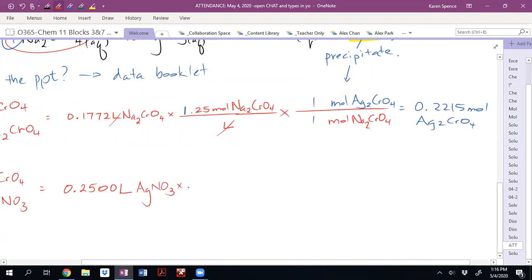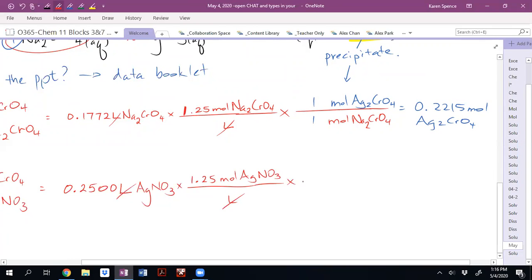And the concentration was actually the same. Makes it easy to remember. It was also 1.25. You notice I made a mistake up here. I wrote 0.25, but I should have written 1.25 moles of silver nitrate per liter.